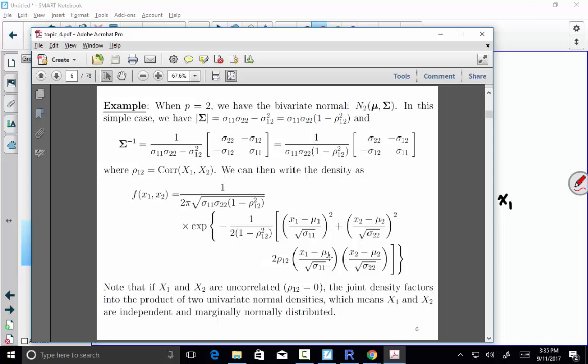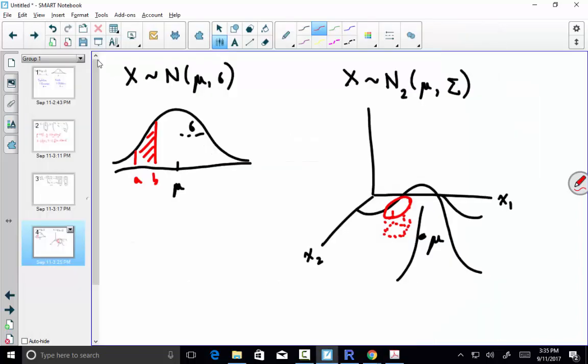Notice from this expression, this is only bivariate, so this is 2 dimensions. Rho, the Greek letter rho, is generally used to refer to correlations. If I have 2 variables, I have 1 correlation, the correlation between variable 1 and variable 2. First of all, let me ask you this.